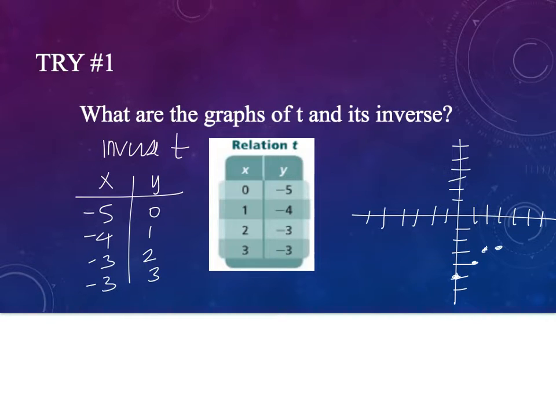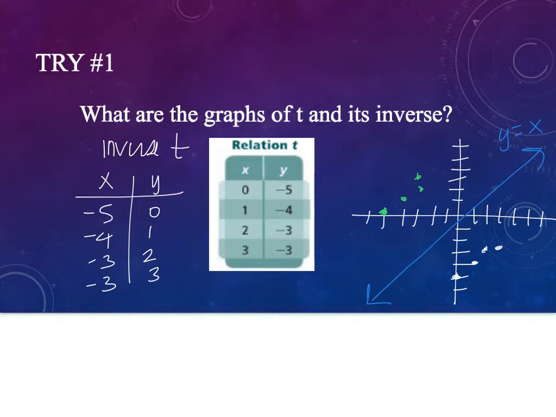The new one I will put in green. The new one is -5, 0, then -4, 1, which is here. -3, 2, which is here. And then -3, 3. Again, it has been reflected through y equals x. By the way, this is y equals x.